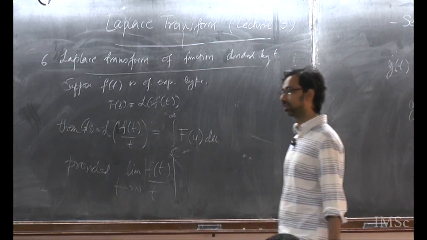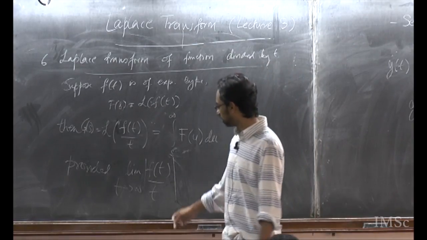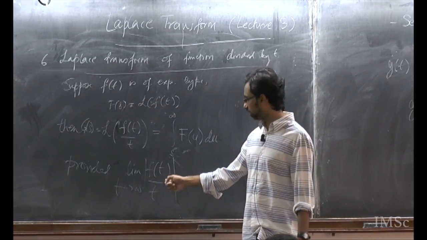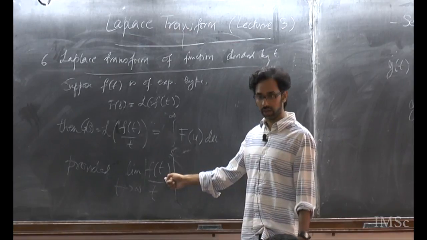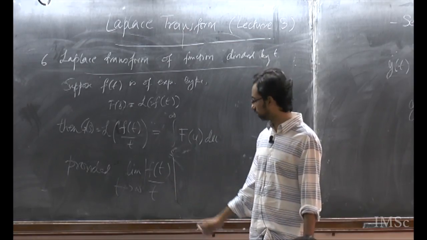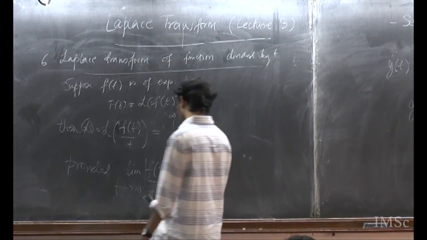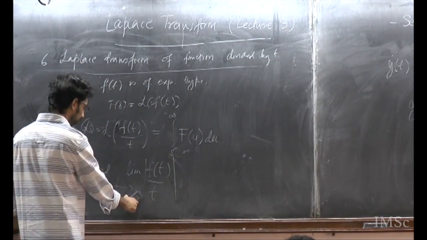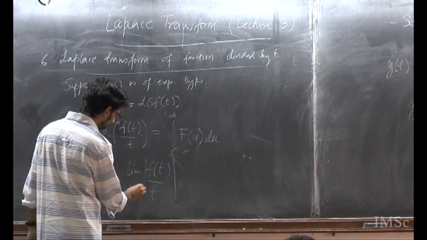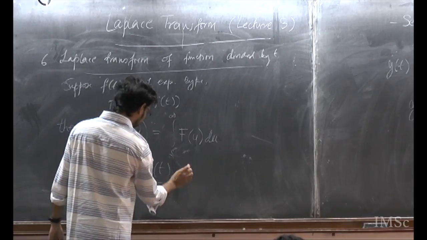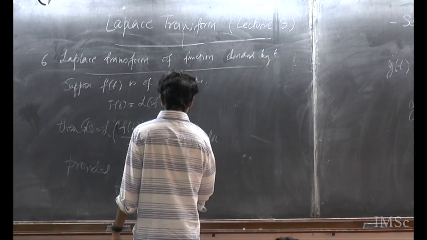Cos of? That's also true. You can just take any degree t to the n, where n is greater than 1, and you will have something. So we don't want the limit at infinity. We actually want the limit at 0, provided this limit exists.